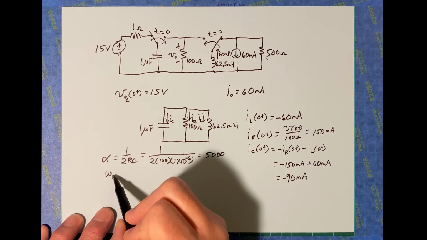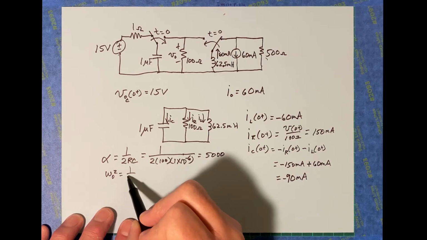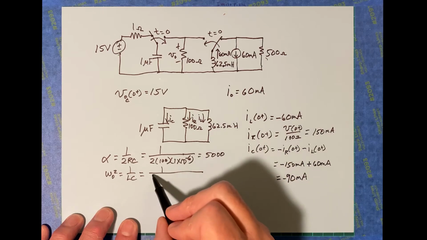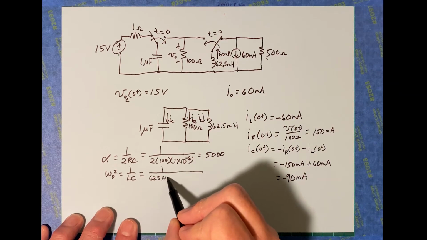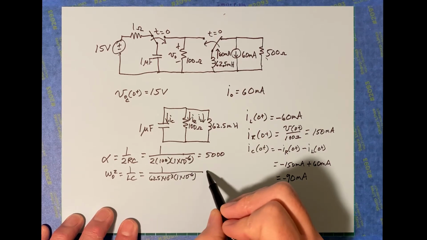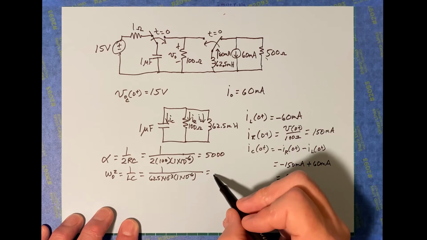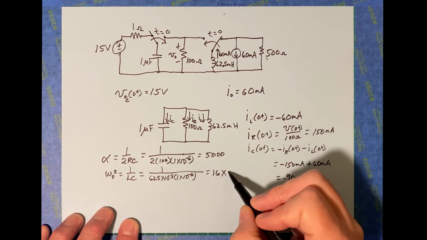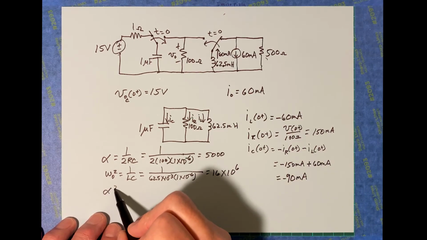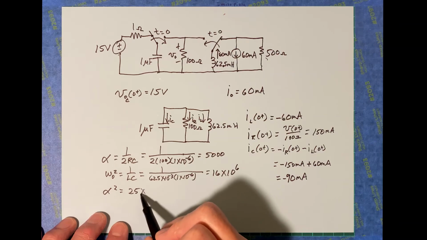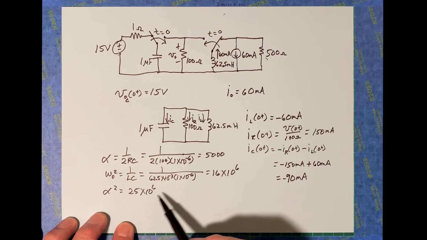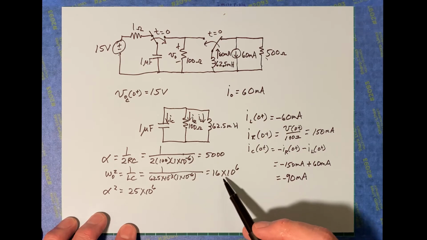And then omega naught squared is 1 over LC, which is 1 over 62.5 times 10 to the negative 3 times 1 times 10 to the negative 6. That turns out to be 16 times 10 to the 6. Now alpha was 5 times 10 to the 3, so alpha squared is going to be 25 times 10 to the 6. Okay, so we've got alpha squared larger than our omega naught squared.